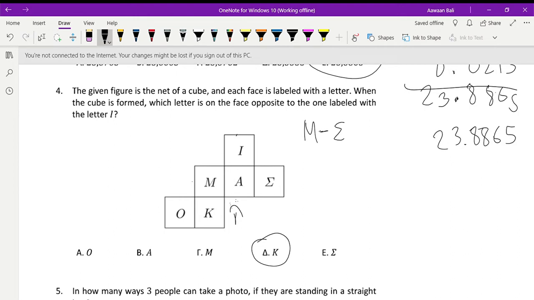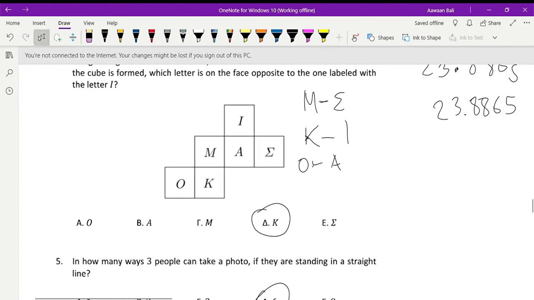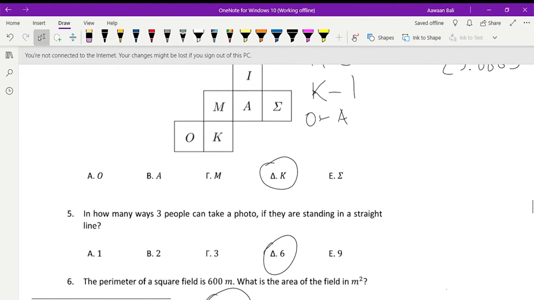And then you can just flip I upwards so it's facing A, and that means K and I are opposite, and that leaves O and alpha, which makes sense because once this is raised, this is raised as well, so it's at the top, and then they both face A, and to make the cube closed, we make O face downwards, so it's directly opposite to A, which means the answer is delta kappa.